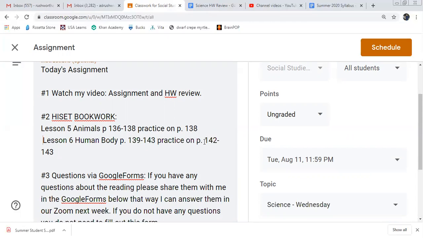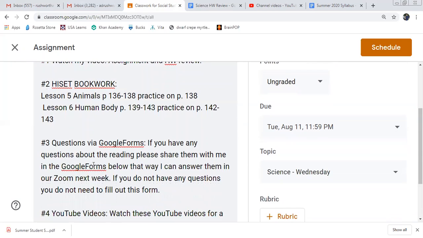Now, if you were to page over to 142 and 143 right now, it's 12 questions. So we are definitely going to go over these questions next Zoom, okay? However, if while you are doing your book work and your reading, you have questions, please go to number 3 here, Questions via Google Forms. If you have any questions about the reading, please share them with me in the Google Forms below.